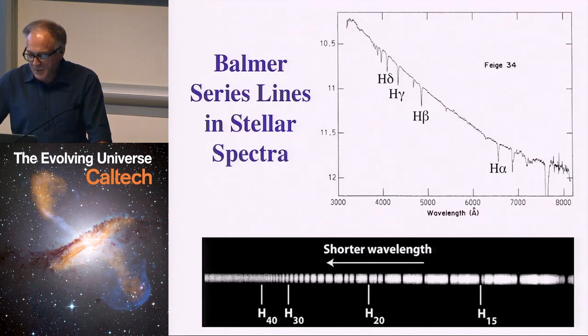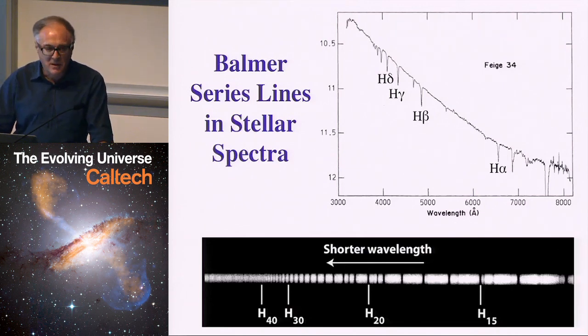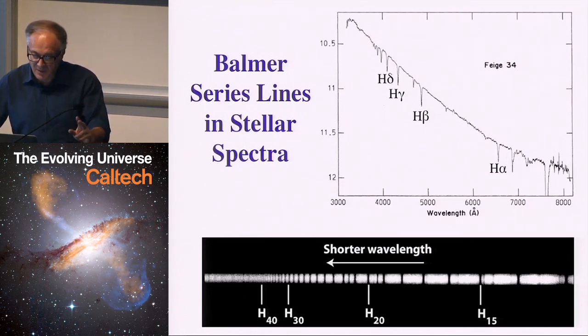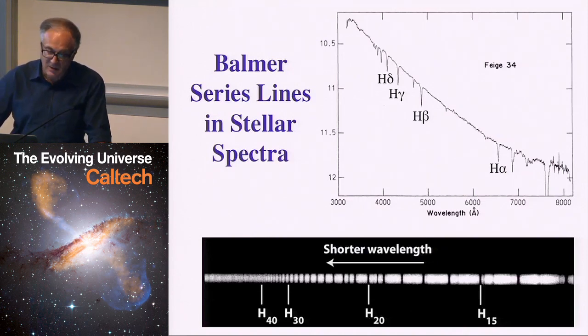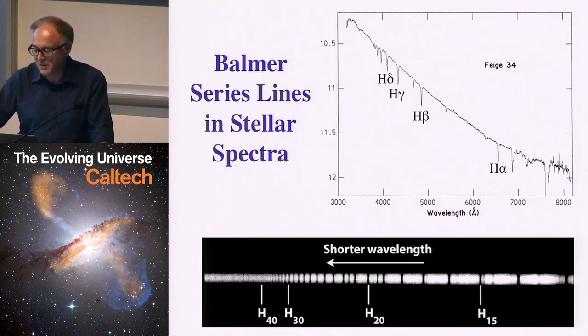And so this is what the spectrum of a star that has a lot of hydrogen, most of them do, looks like. You can see this nice progression of lines that follows Balmer's formula, the difference of 1 over the square of the quantum number minus 1 over 2 squared. They always start with alpha, the longest wavelength, between whatever that lower level is, 2 in this case, and 3.